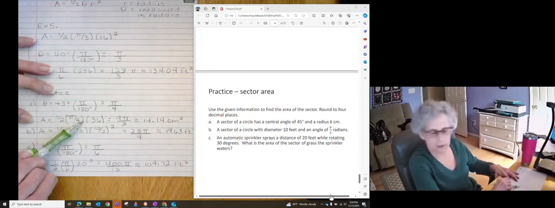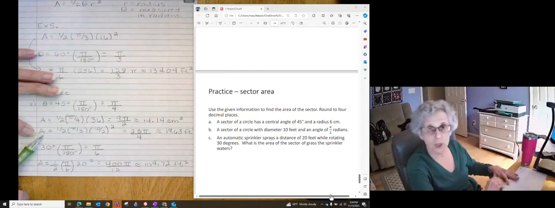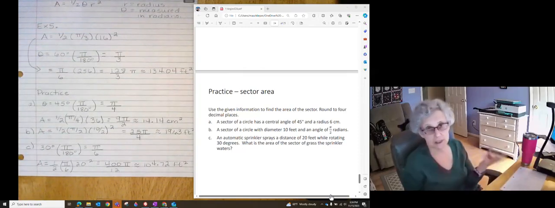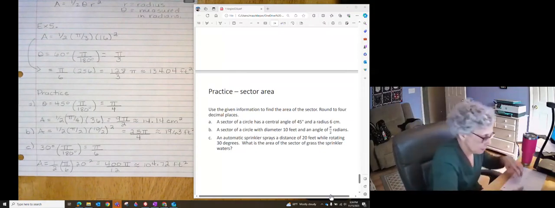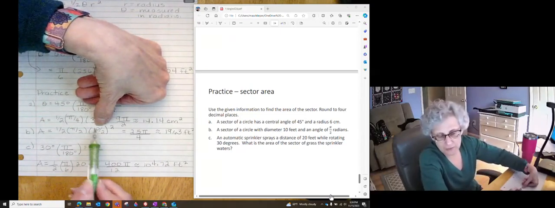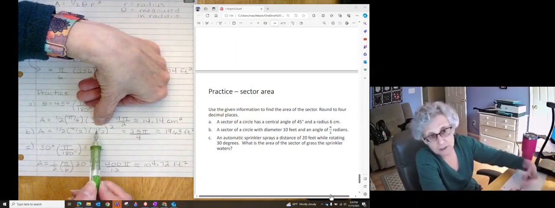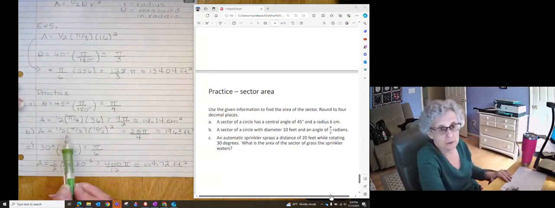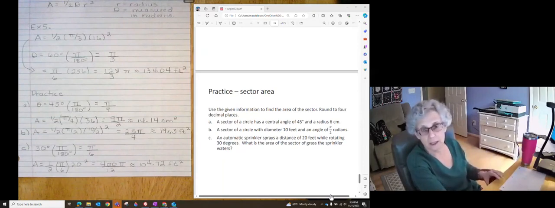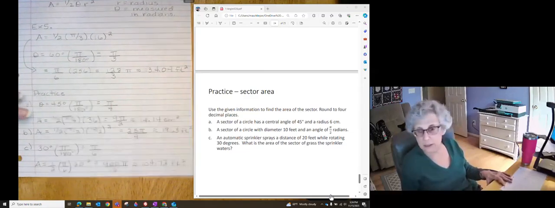And I went ahead and squared it in my head there. 6 squared is 36. Part B threw a little monkey wrench. It gave you the diameter instead of the radius. So radius is just half of diameter. So you could have done that in your head easily enough. That's 5. And then 5 squared is 25. And you have 2 times 2 is 4. And again, I got a decimal approximation and I put in my units.